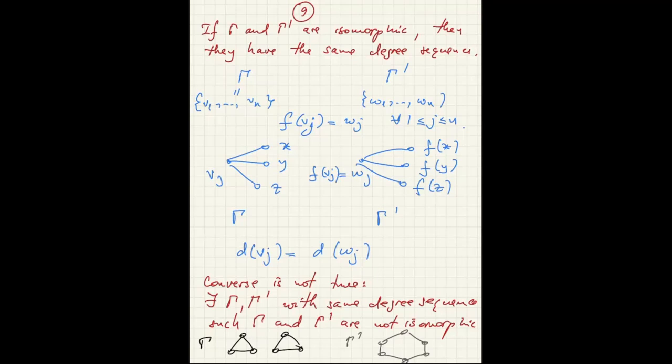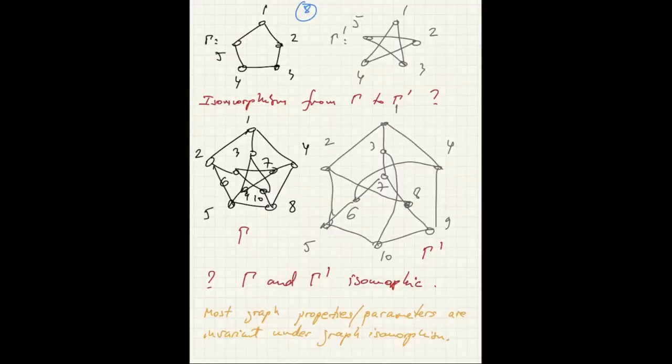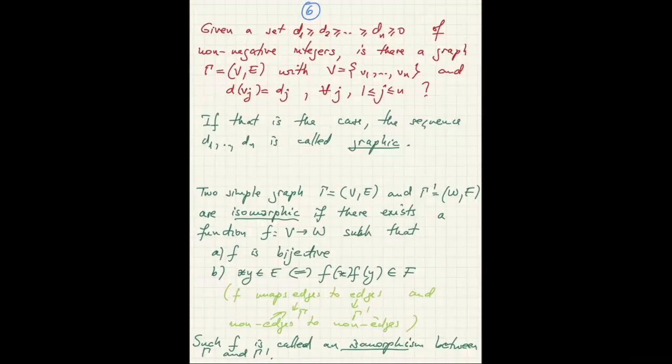So I will stop here for today, and in the next lecture, we will discuss the answer to this question: given a set of non-negative integers, when can we find a graph with that sequence of non-negative integers as its degree sequence?